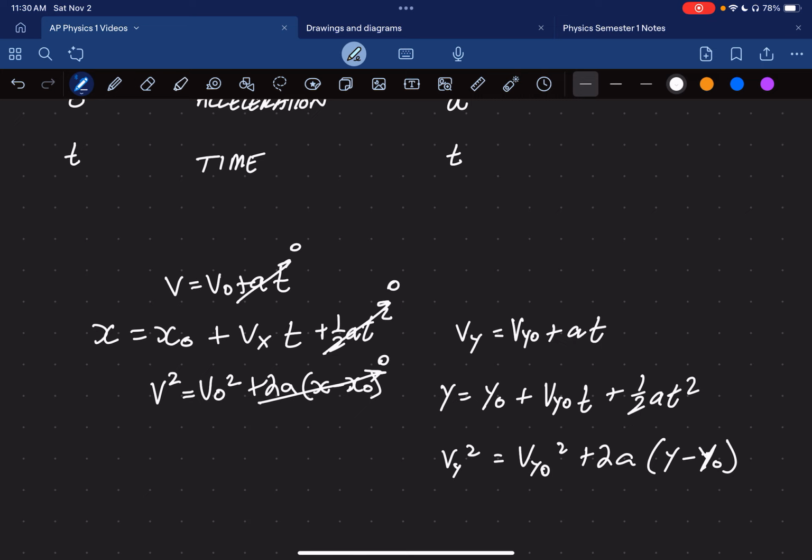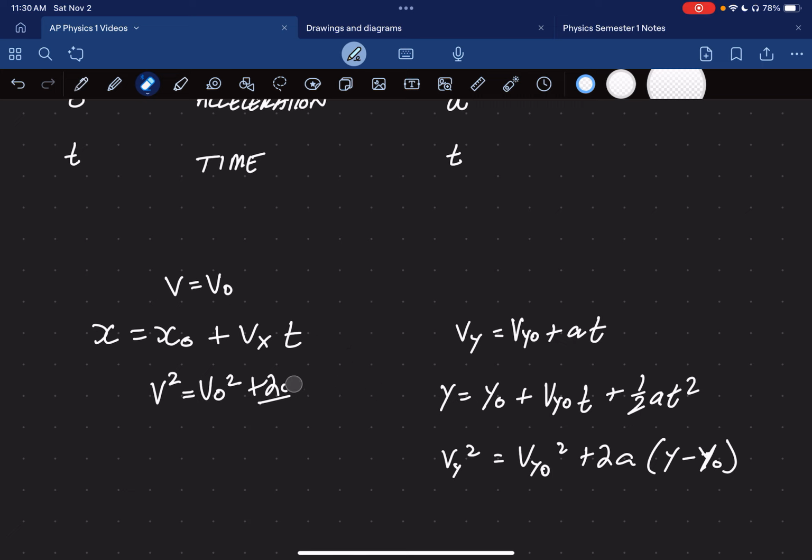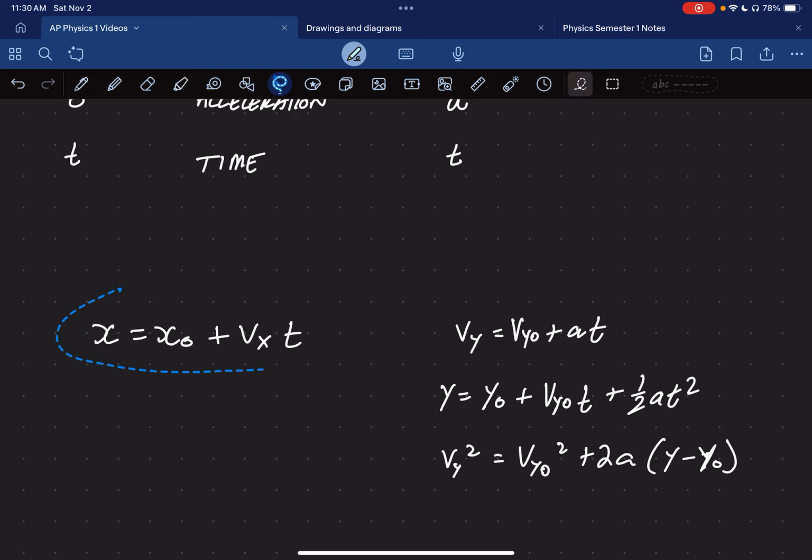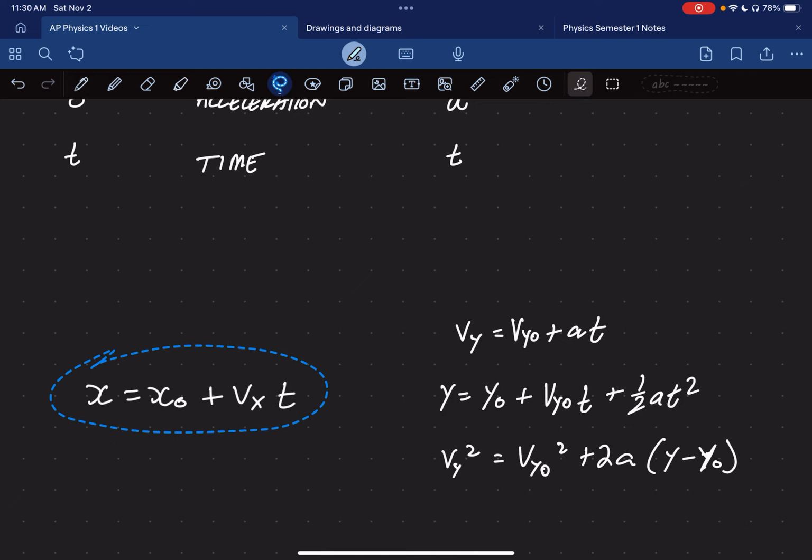And so what we get is this, this, and this. That's why we left out these other two, because these statements aren't very useful. They're not useful at all, actually. And so this is the only horizontal equation we have, and these over here are our vertical equations.